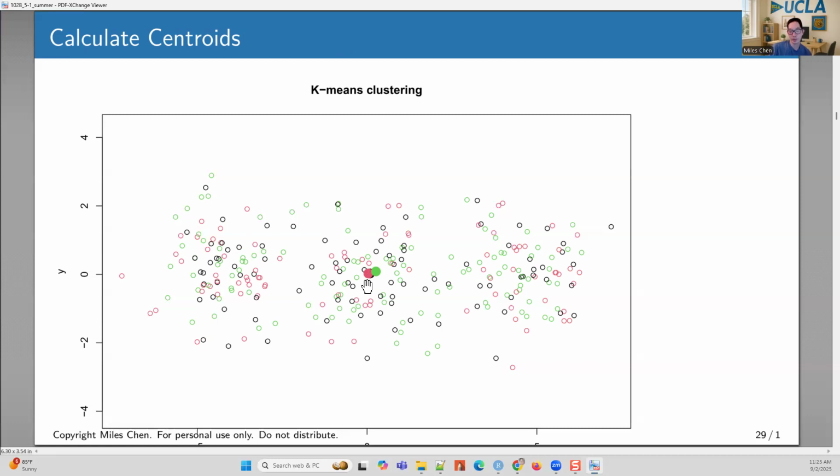And then we say, all right, we're going to reassign all of the points to the nearest centroid. And so when we do this, pretty much everything over here on the right-hand side, when you measure the distance, it's going to say, well, green is the closest of the 3 points, okay?